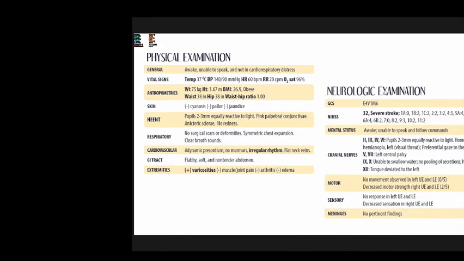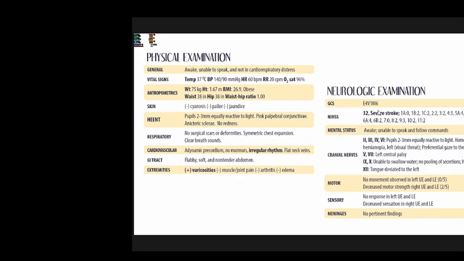For the neurologic examination, the patient's GCS score is 11 over 15. His NIHSS score was 32, which is severe. His mental status, he is awake, unable to speak, and follows commands. For the cranial nerves, cranial nerve 1 was not tested. Cranial nerves 2, 3, 4, and 6, the pupils were equally reactive to light.